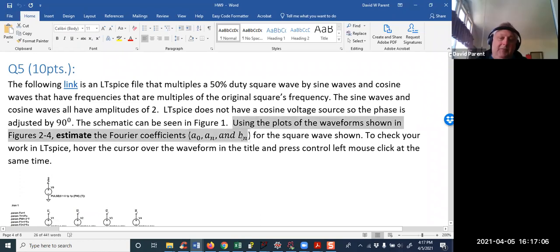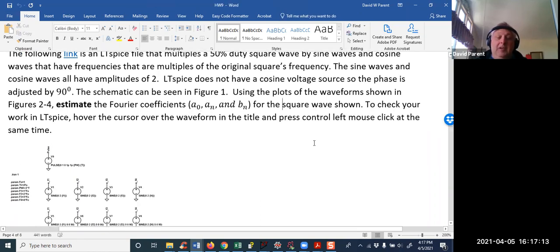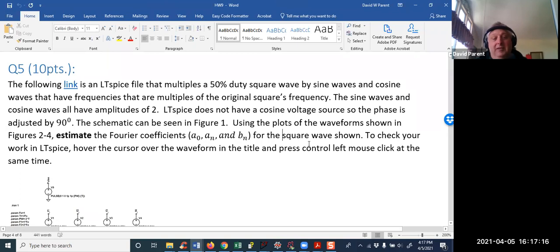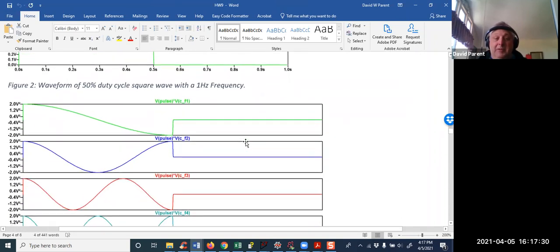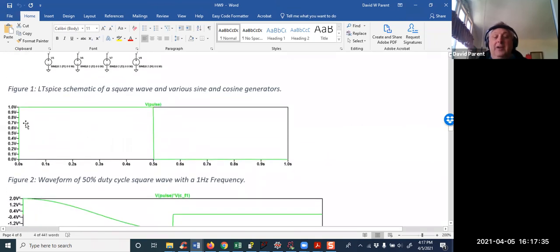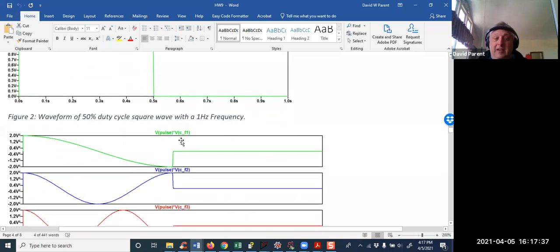Using the plots from the waveforms shown to estimate the Fourier coefficients of A0, An, and Bn for the square wave shown. So rather, if I just said, find me A0, An, and Bn for a 50% duty cycle square wave, well, we've actually already done that mathematically in the notes, right? I want you to estimate it. And remember, how do you find A0? You find the average of the signal. How do you find A1?